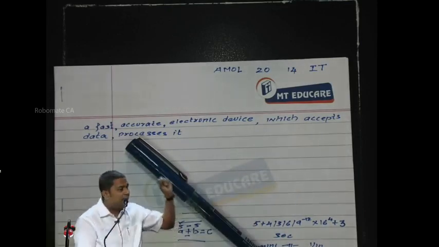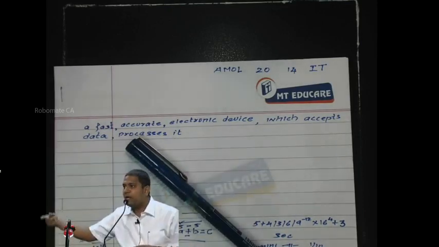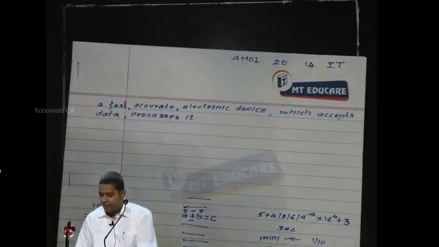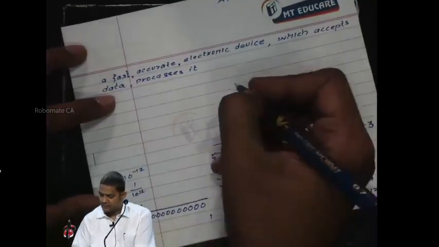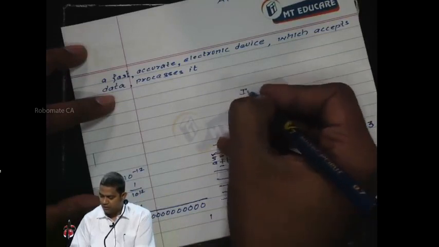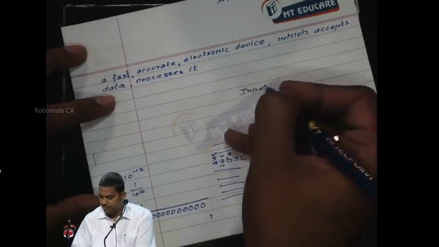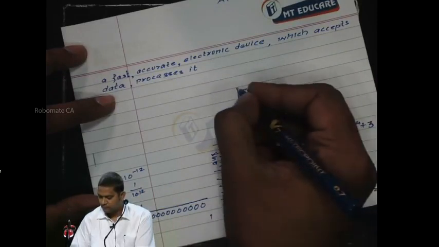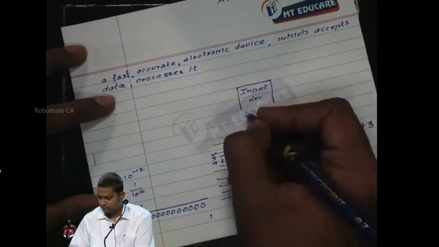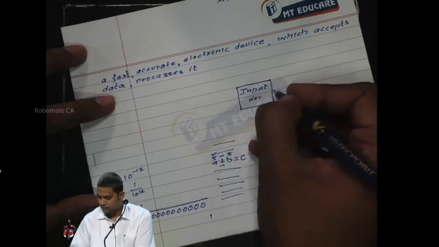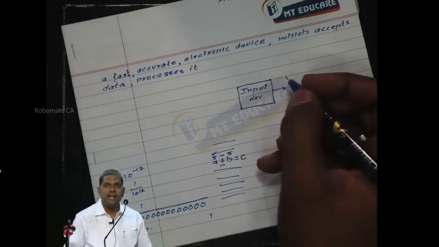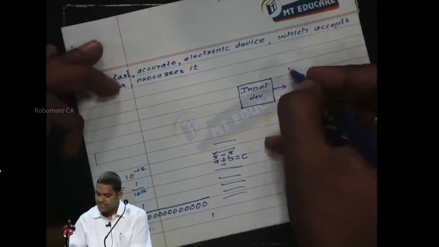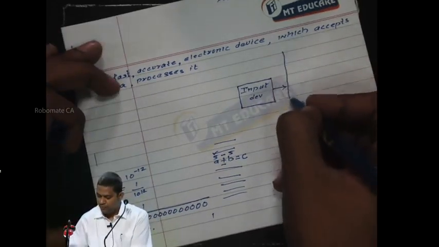Now this particular event has to be recorded. So I am asking this information to go inside a system. That is done with the help of an input device. It goes inside a system, meaning where exactly does it go? It goes to the CPU.